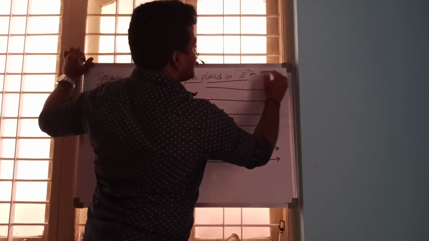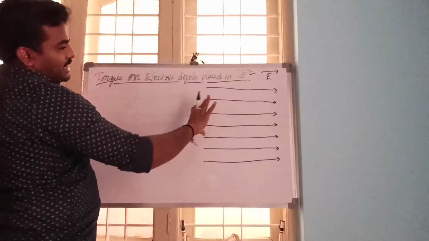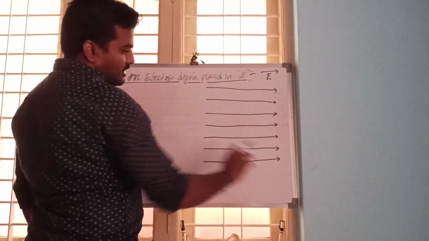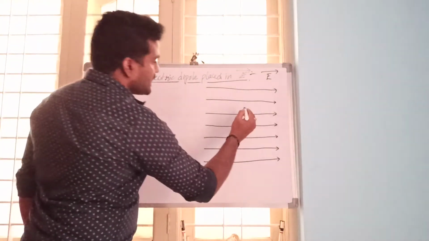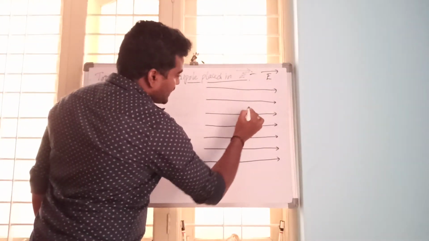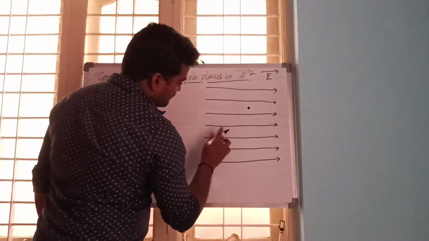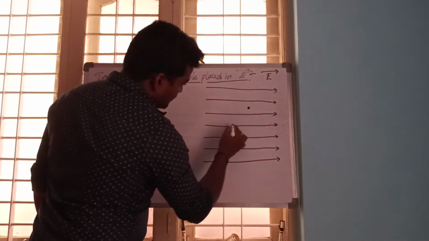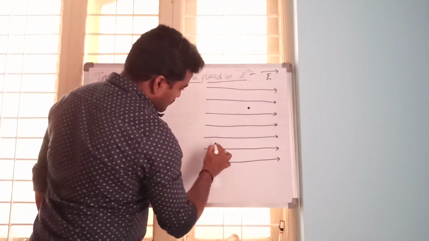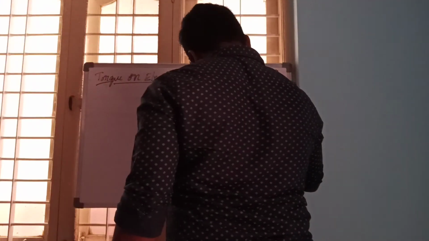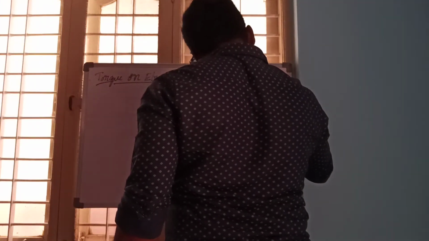So this is the electric field having some magnitude and it is having the direction like this. Now I am placing an electric dipole with charges minus Q and Q.